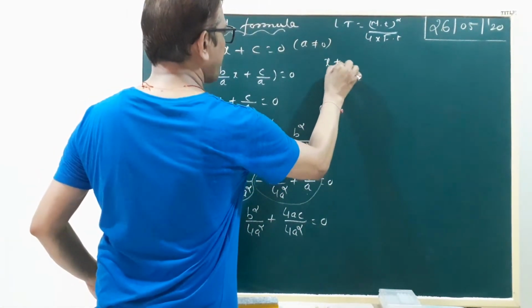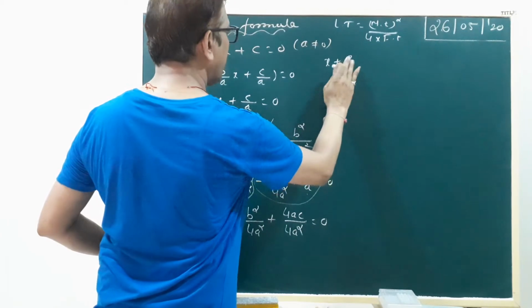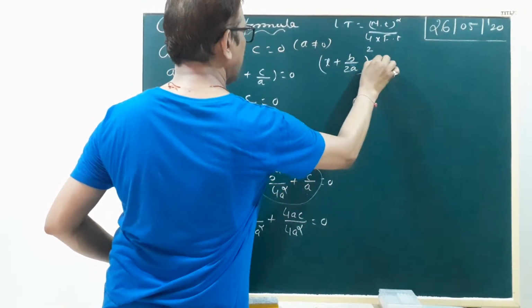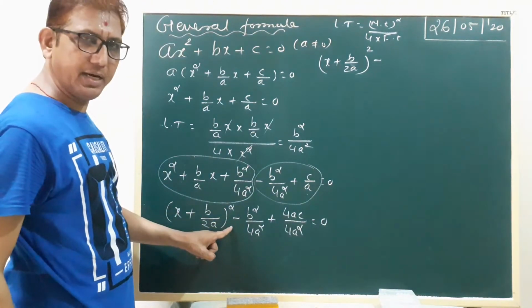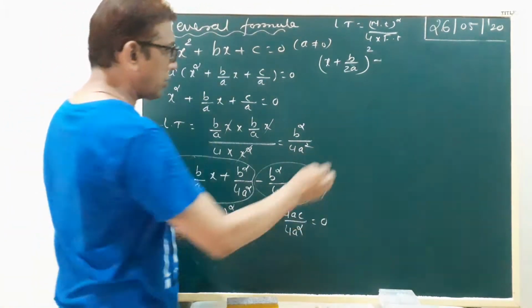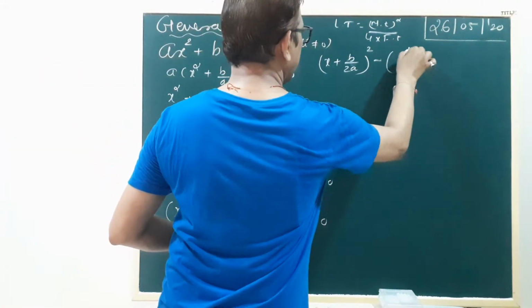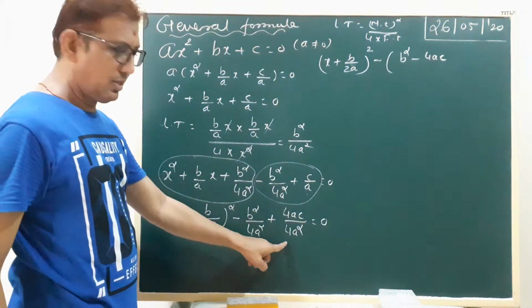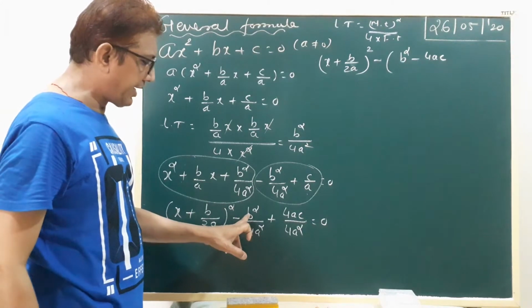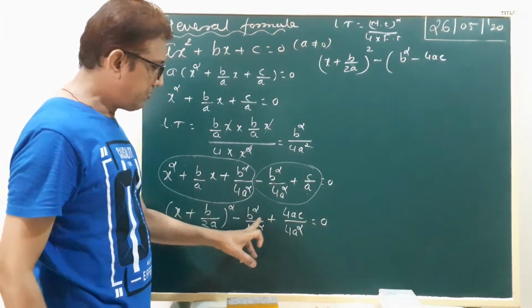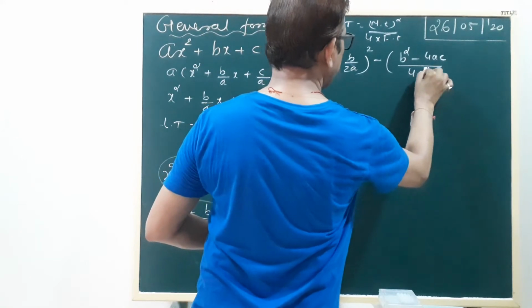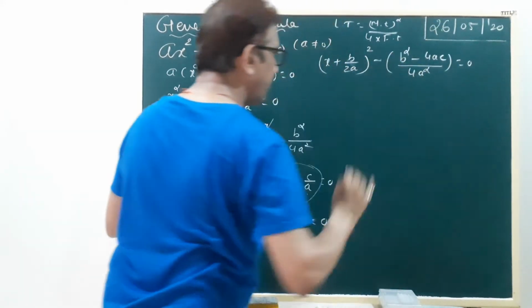Now x plus b upon 2a whole square, minus sign common in the last two terms. Okay, so now in the bracket b square minus 4ac, denominator the same, so minus sign common, so in the bracket the sign of b square changes: b square minus 4ac upon 4a square equal to 0.